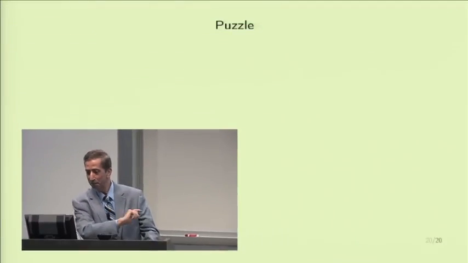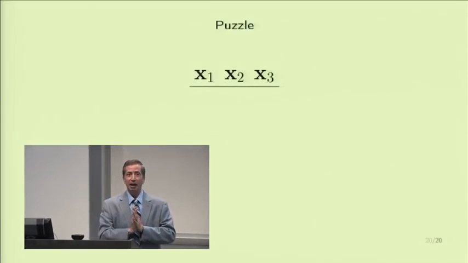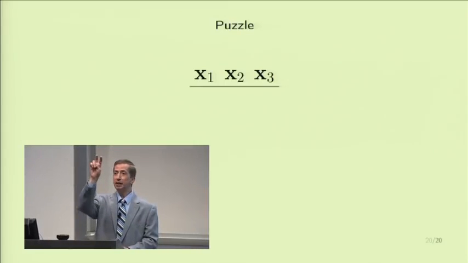So here is the puzzle. We have only 3 points. And for this hypothesis set, I am telling you that the breakpoint is 2. So you cannot get all possible 4 dichotomies on any 2 points. If you put x1 and x2, you cannot get -1 -1, -1 +1, +1 -1, and +1 +1, all of them.